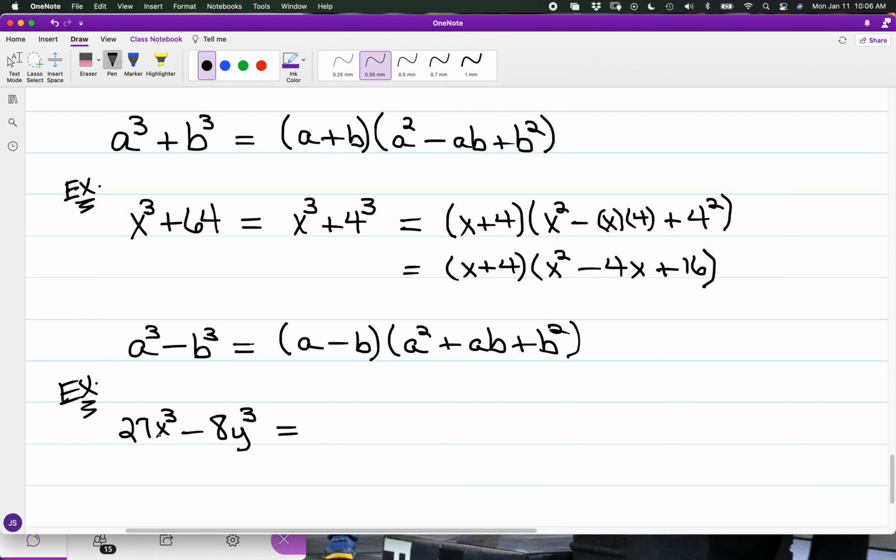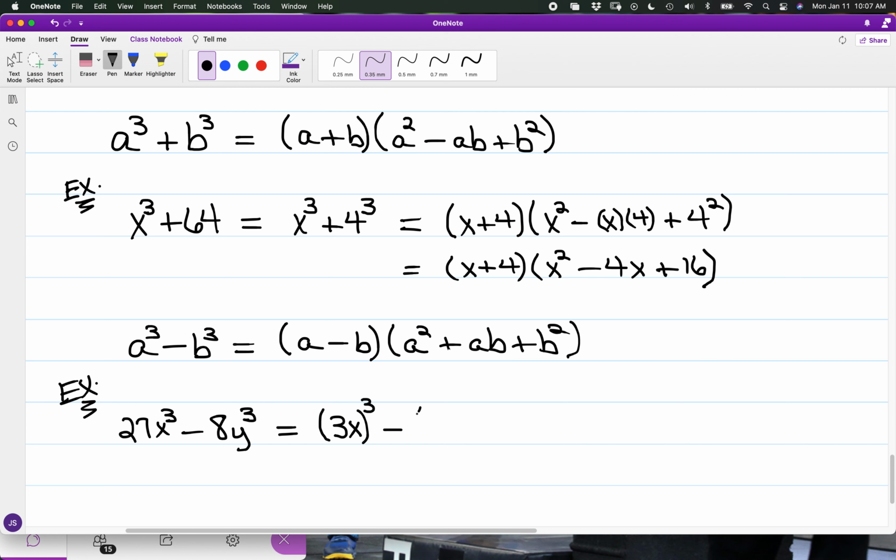X cubed is the cube of x. Now 27 is going to be the cube of 3. Since 3 times 3 times 3 is 27. So this first term is going to end up as the cube of 3x. And for 8y cubed, y to the third is the cube of y. Now 8 is going to be the cube of 2.